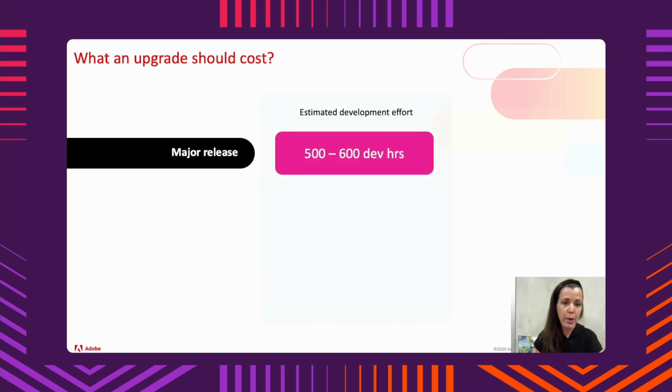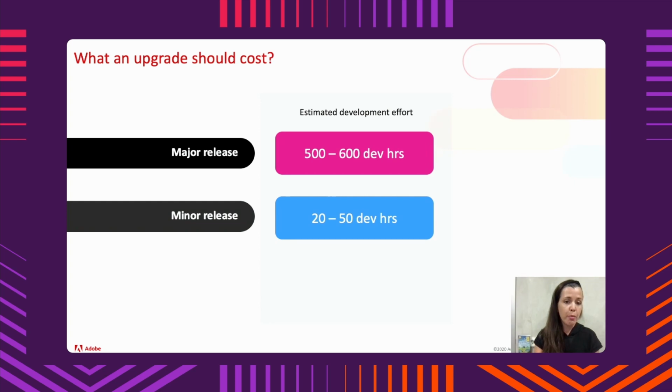First, we have a major release, which I will talk about a little bit further. Major releases are very infrequent, like what we did jumping from Magento 1 to M2. They are rare, but they are very complex. We estimate the cost is like a migration, between 500 and 600 development hours.